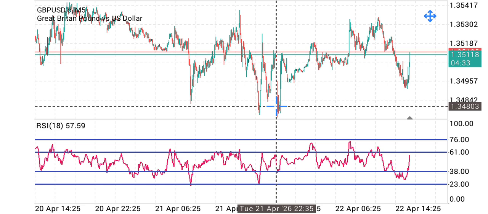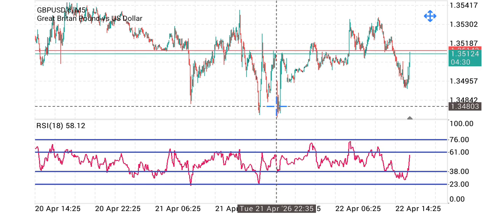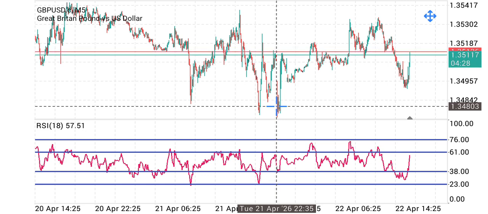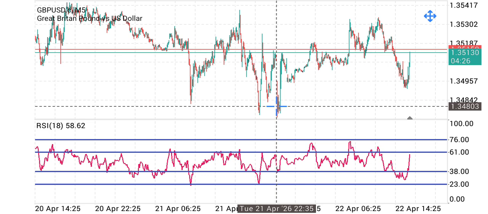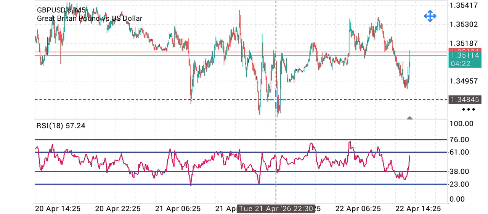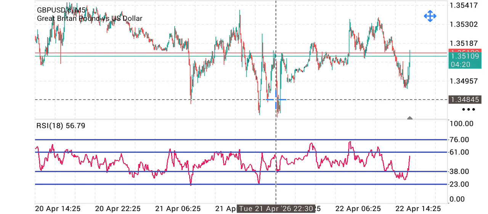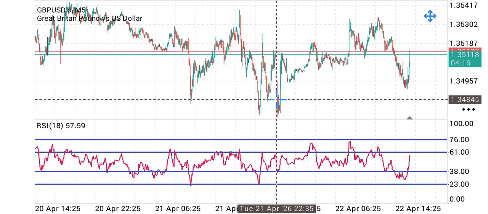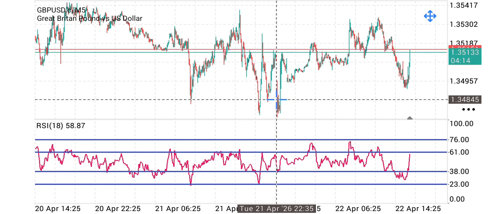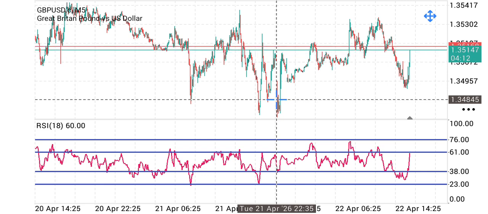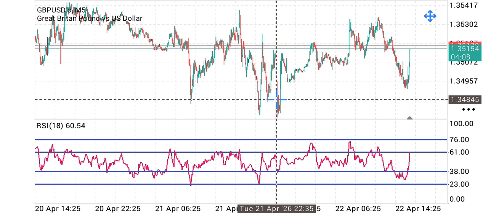So it's up to you. You can trade only the New York session. You just analyze for the day: when you wake up, you analyze what happened on the Asian session, what happened on London, then what will happen on the New York session.